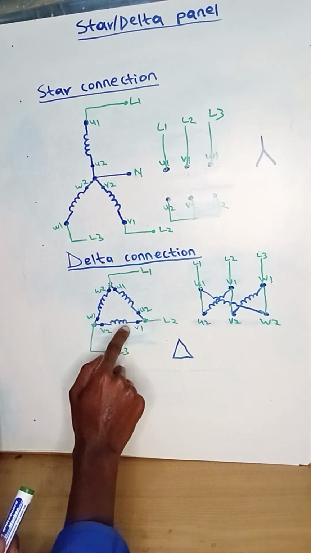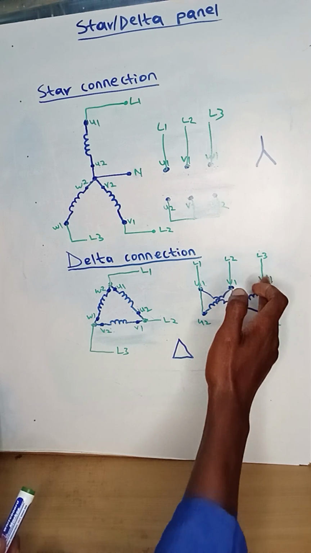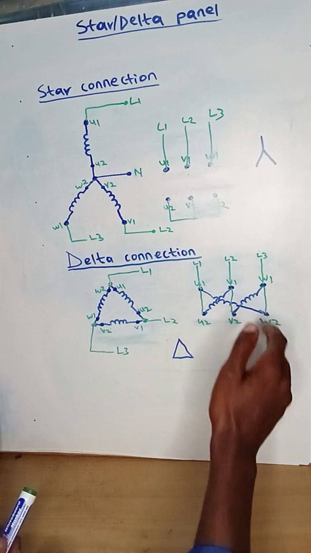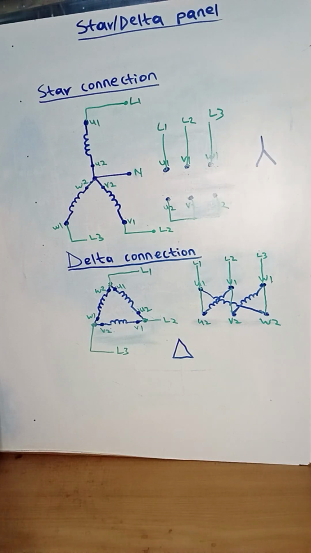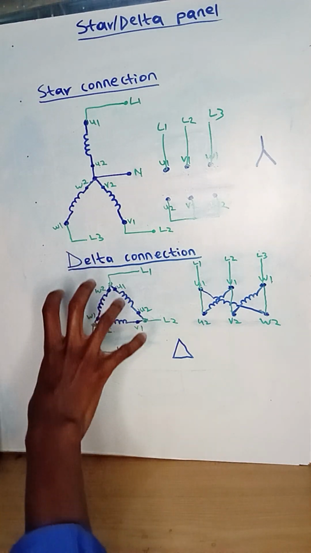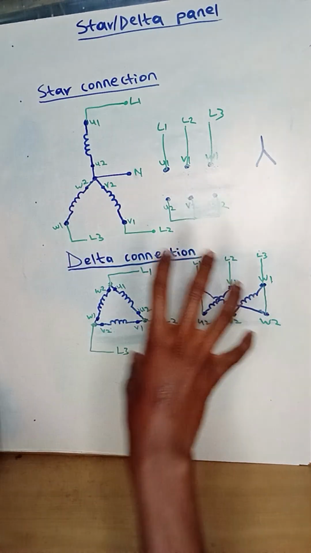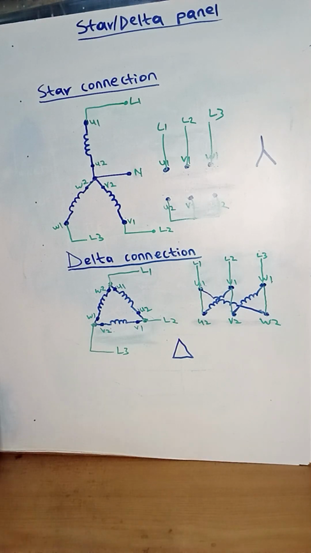V1 to V2 represents this winding, and W1 to W2 represents this winding. So which means this sketch corresponds with this sketch of delta connection. So right now we understand the connection of star and delta connection, which means right now I'll go to the panel wiring of star delta.